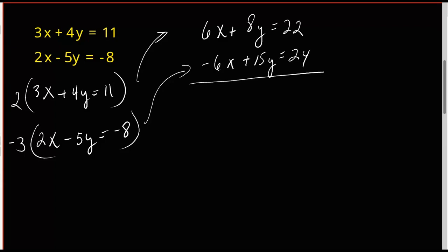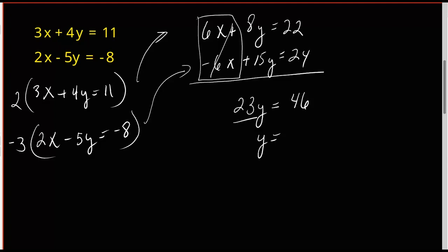Okay, notice that my 6's cancel here, so all that is going to cancel. So if I'm adding up my y's, I would have 23 y's. Okay, 22 plus 24 is 46. So y equals, divide both sides by 23. So y is going to equal 2.